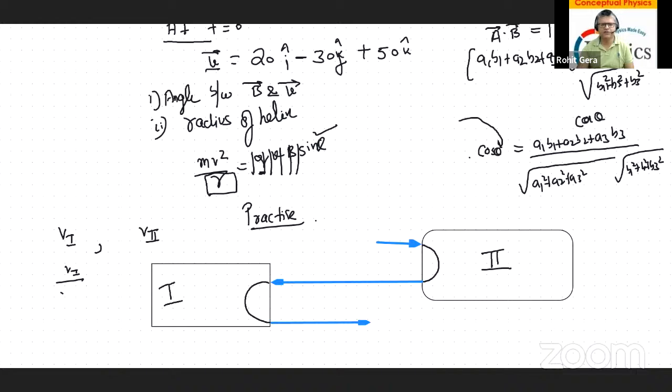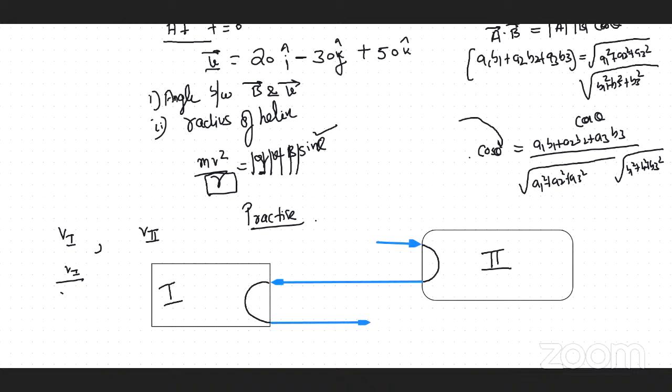but you have to decide first the relationship between these two. What is the relationship between v1 and v2? I think you have taken that since radius 1 is bigger, V1 is also big.